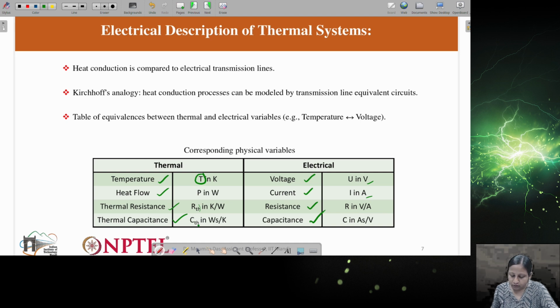So you can see that temperature is equivalent to voltage. If we model the thermal parameters, we have to use temperature in place of voltage in the electrical circuit.